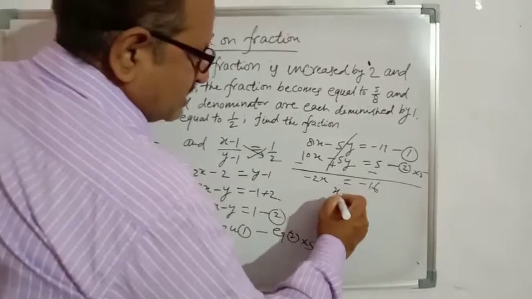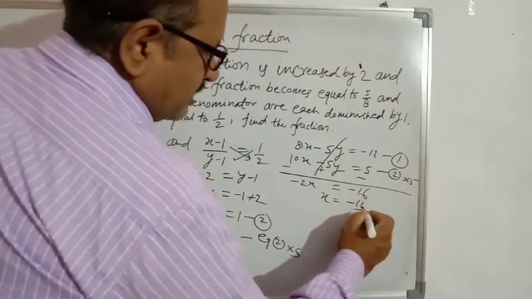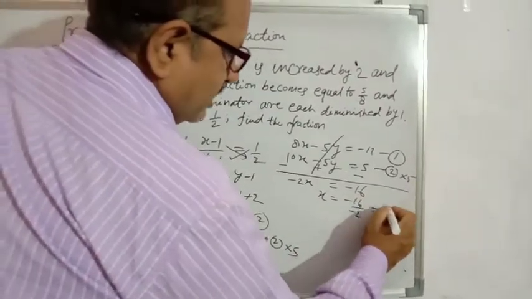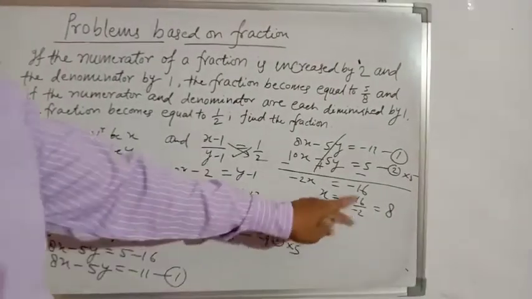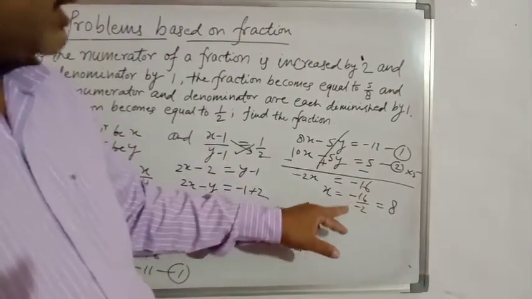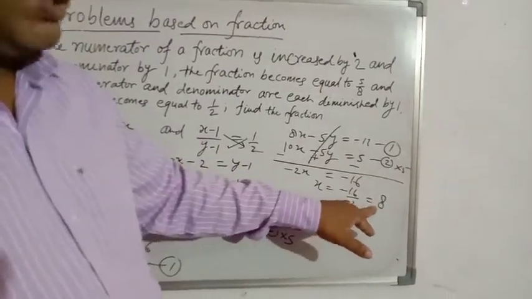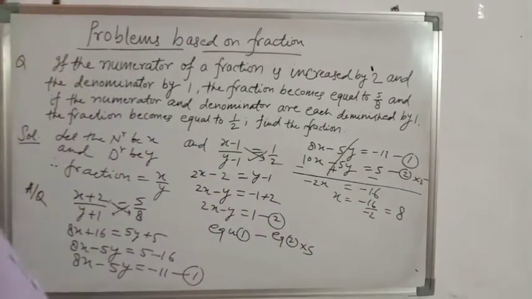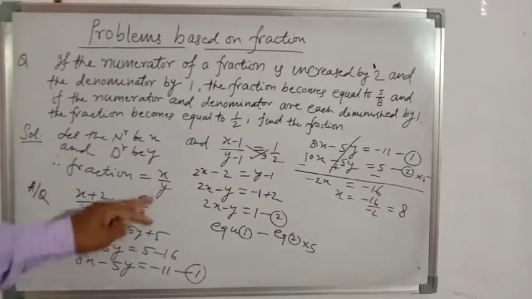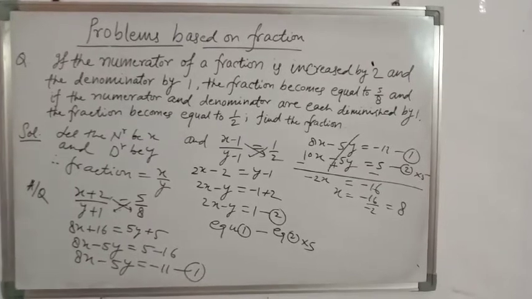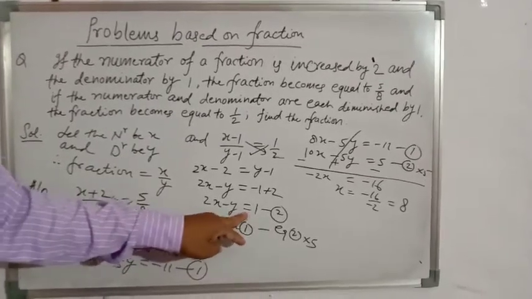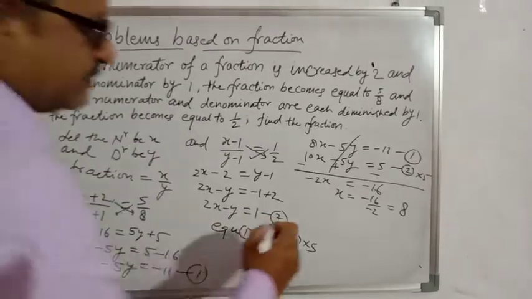So what will be x? Minus 16 divided by minus 2. It will be 8. 2 eights are 16. Both have the same sign, minus minus, so the answer will come in plus. 2 eights are 16. X is equal to 8. Now we will find the value of y. So put x is equal to 8 in equation number 2.